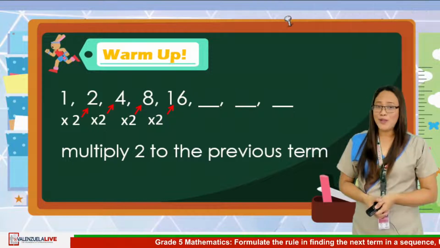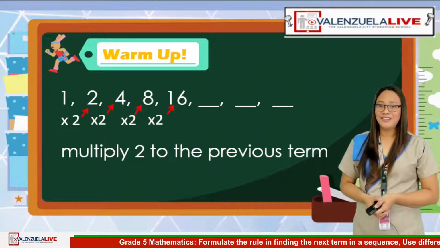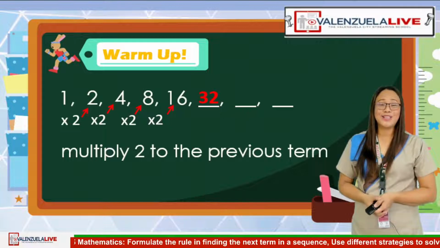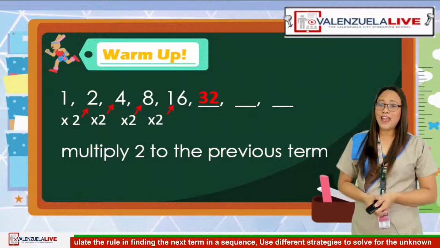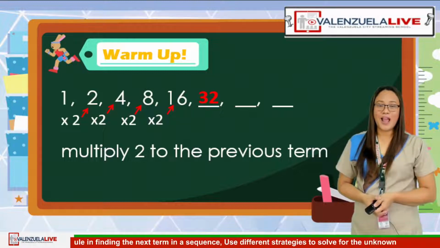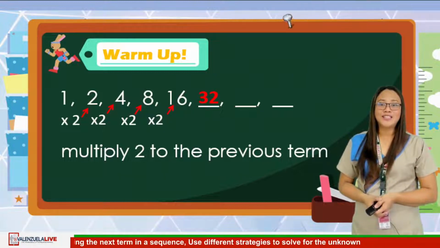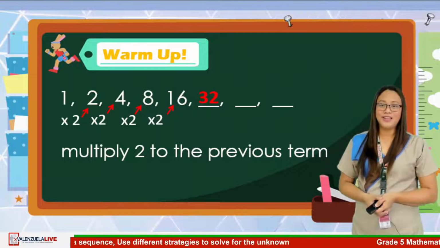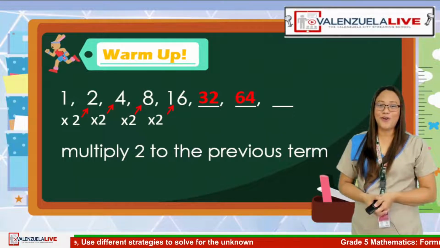So what will be the next number? Great. That will be 16 times 2 is equal to 32. And how about the next one? We have to multiply 32 times 2. That is equal to, very good, that is 64.